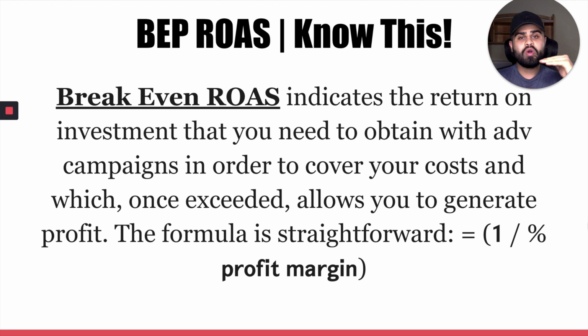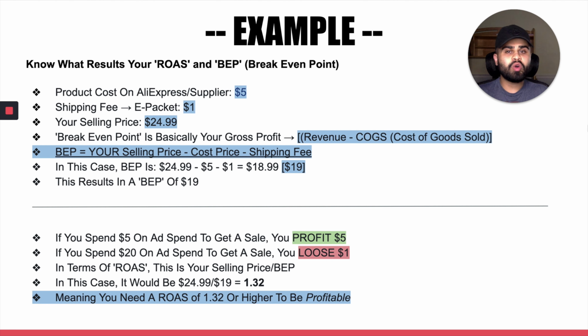Know what results your ROAS, your return on ad spend, and your BEP, break-even point. To show you guys a real quick and simple example, let's say you're sourcing a product on AliExpress or from your supplier, and that cost you $5. Now let's say to ship that product out by ePacket. I know ePacket is dead right now at the time of you watching this video because of what's going on with the logistics and shipping information all over the world.